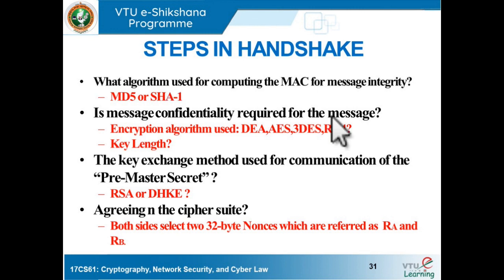Now for MAC, this particular step will decide whether to use MD5 or SHA. If message confidentiality is required, in that case it decides whether to use DES, AES, triple DES or whatever, and upon deciding the algorithm they have to decide on what key length has to be used, and also what is the method that is used to exchange the secret keys, the pre-master secret, that is RSA or a Diffie-Hellman key exchange algorithm, and also on the various nonces a decision has to be taken in this particular step 1.